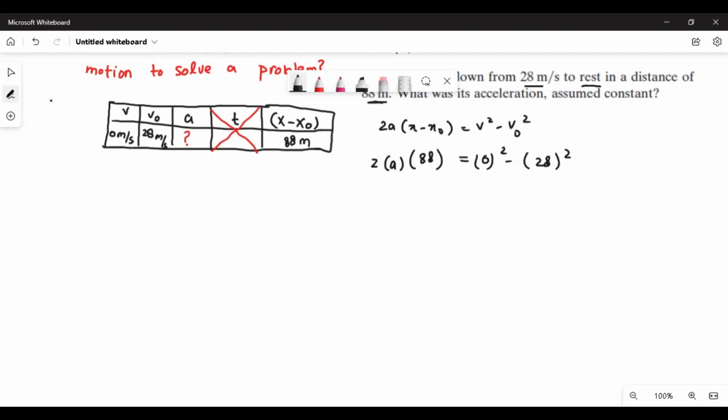Okay, now you will multiply 2 with 88. So what's the answer? Do you have a calculator? Yes, sir. Okay, try it. Multiply 88 times 2. It's 176. Okay. 88 times 2 is 176.